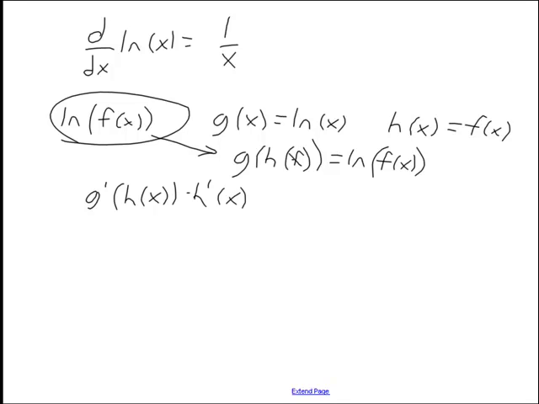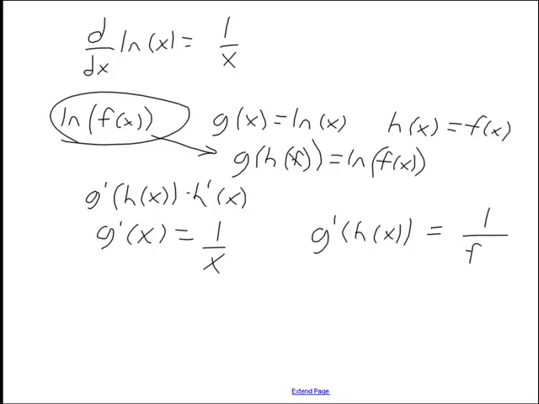Well, what is g prime of h of x? Well, g prime of x is the derivative of the natural log of x, which we know is 1 over x. So g prime of h of x is going to be 1 over h of x, which is f of x, the argument of the original natural log. Well, that's multiplied by h prime of x.